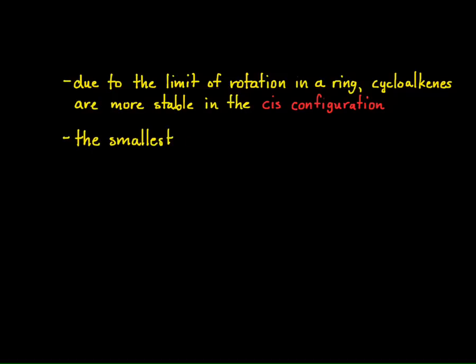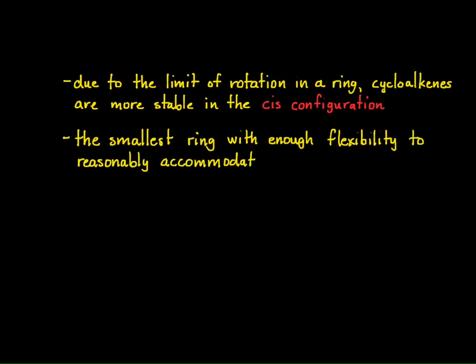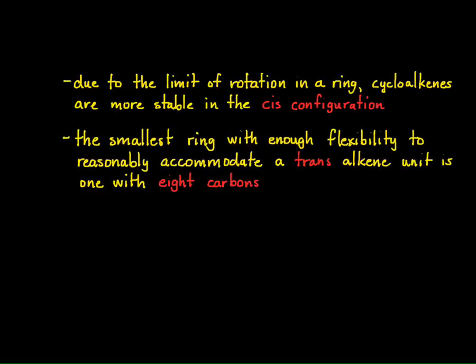It isn't until you get flexibility in the ring that you can accommodate a trans configuration. The smallest ring that can accommodate this is one that contains 8 carbons, which is cyclooctene. Therefore, cyclooctene and any larger ring is going to have the capacity to have 2 stereoisomers.